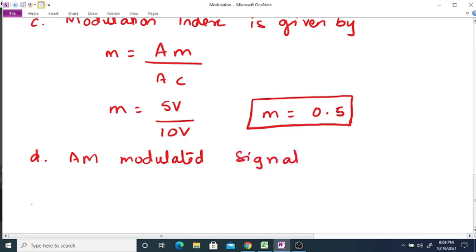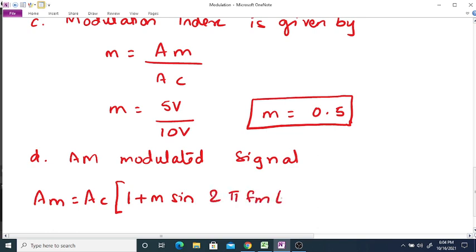So, here we know that sAM is obtained as Ac (1 plus M sin 2 pi fm t) into sin of 2 pi fc t.